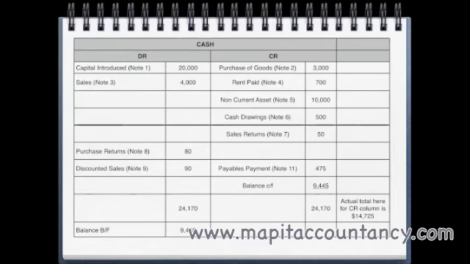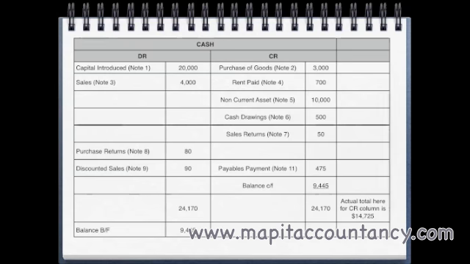So to finish off our cash account, we said that the total for the credit column was actually 14,725, not 24,170. So to make it balance, we need to put a balancing figure. We're going to call that the balance carried forward, and we can see in the credit column that it is 9,445.